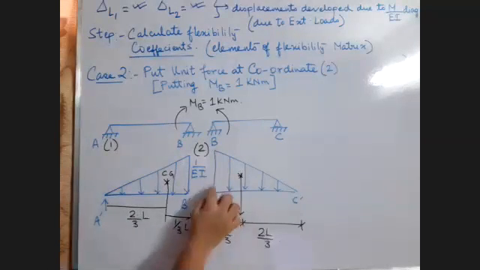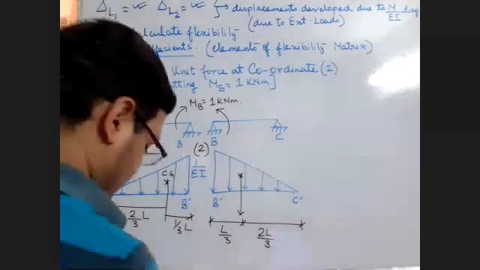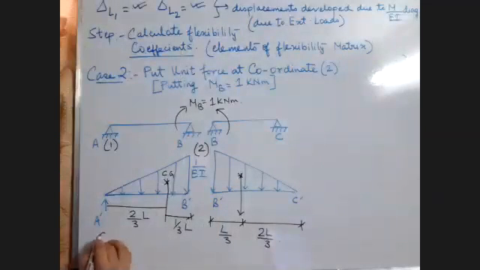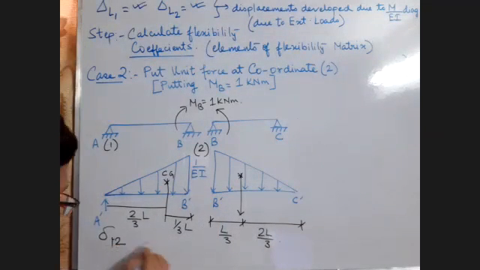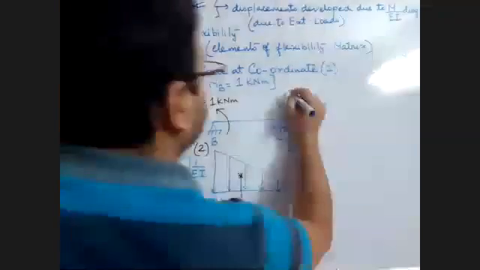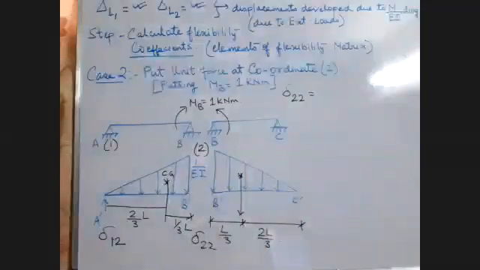Again for BC, it will be a triangle like this. For this case, I have to find out what it will be. My elements will be delta 1,2 and delta 2,2. So this is the diagram.